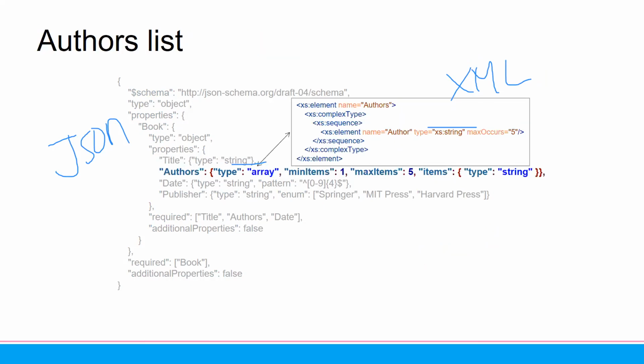And then we can also see the authors, where we want to define that it is an array. Instead of array, in XML they define it with only element, and there is one more attribute or property to mention that the maximum occurrence is 5. In this case, we have 1 until 5, and the type is string. So the same, we have the type string.